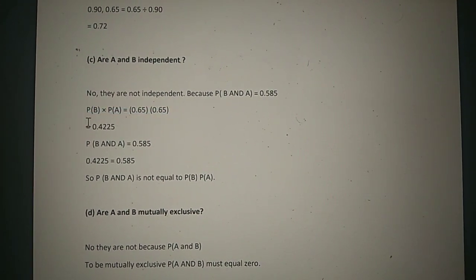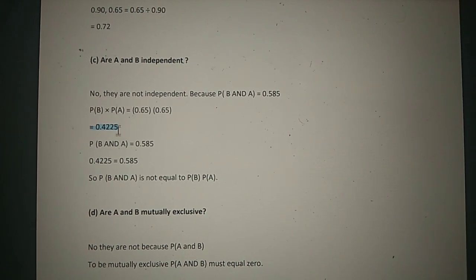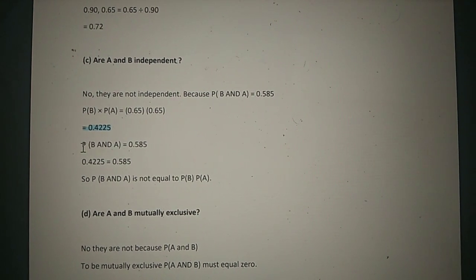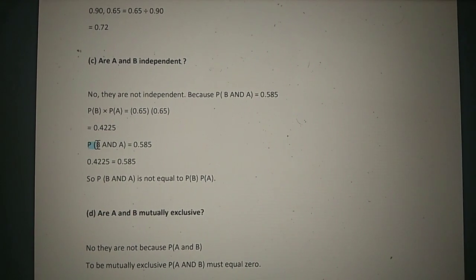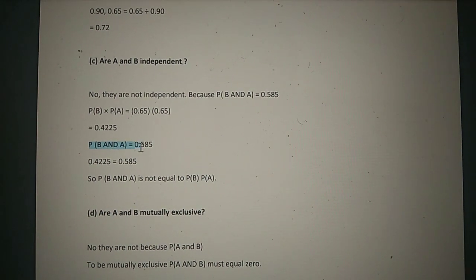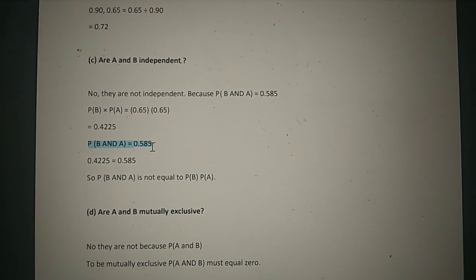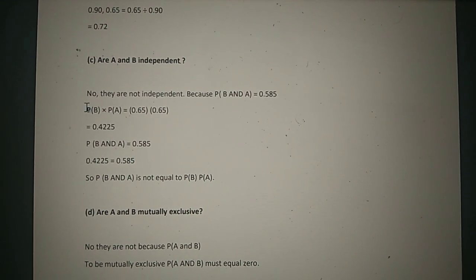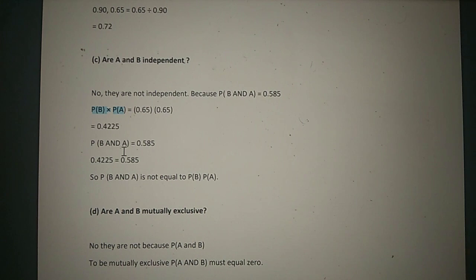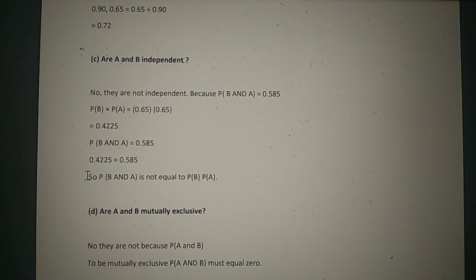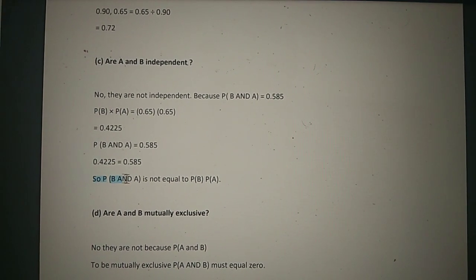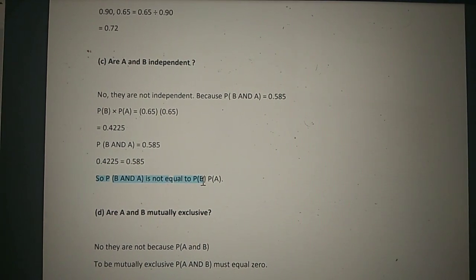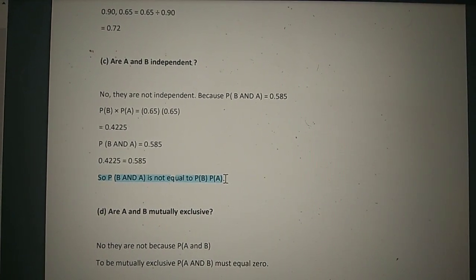We will get the answer 0.4225. On the other hand, the probability of B and A is equal to 0.585, which is not the same as the answer of the probability of B times the probability of A. So the probability of B and A is not equal to the probability of B times the probability of A.